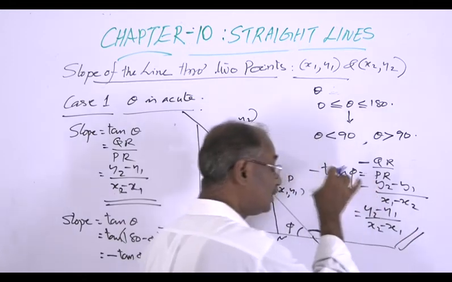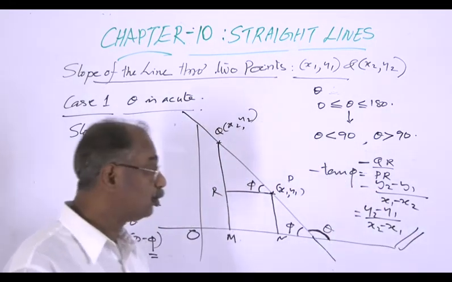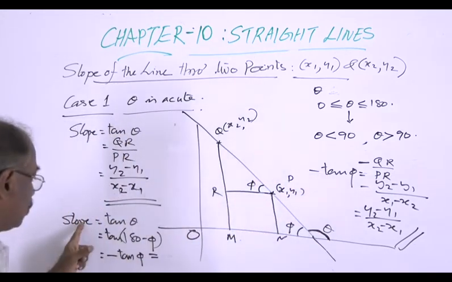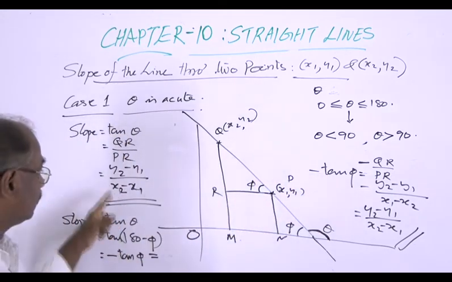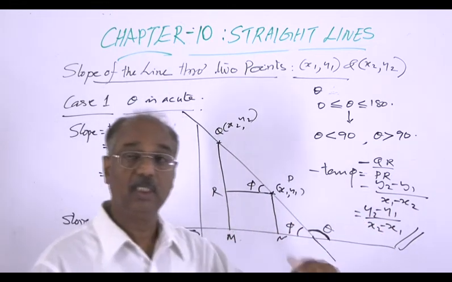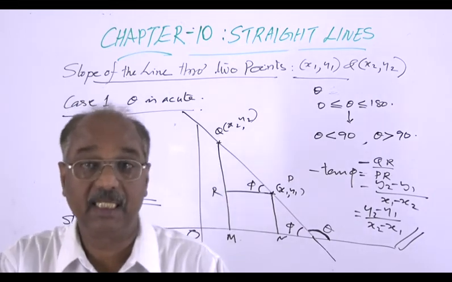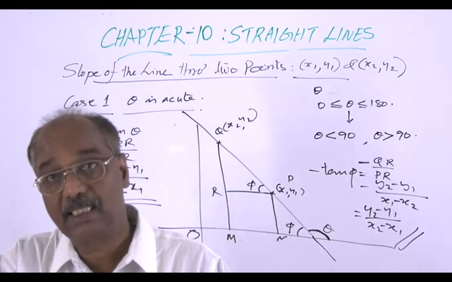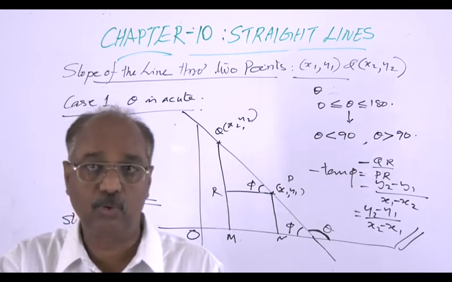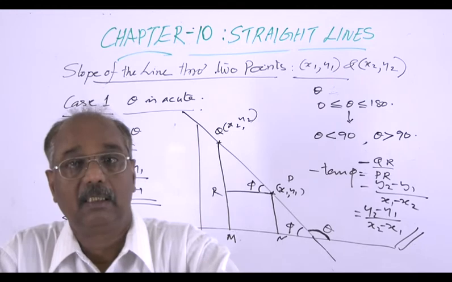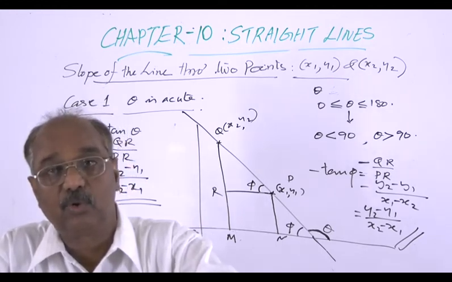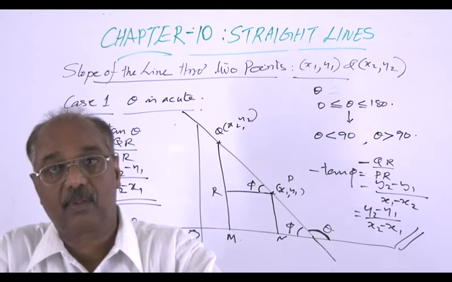So in the obtuse case also, the slope tan theta is y2 minus y1 by x2 minus x1. Even though this line is making an obtuse angle, the slope is the same. So for both acute and obtuse angles, the slope of the line is y2 minus y1 divided by x2 minus x1.